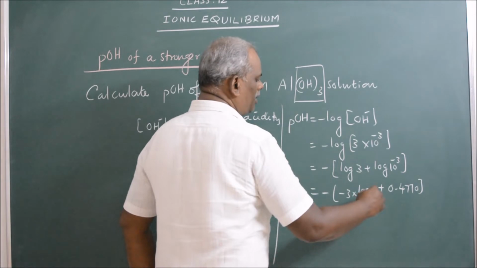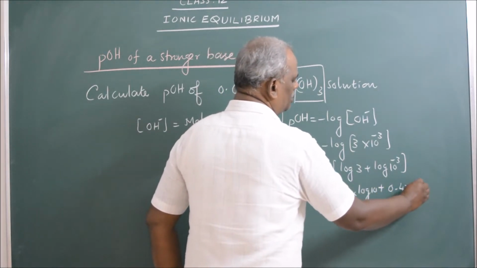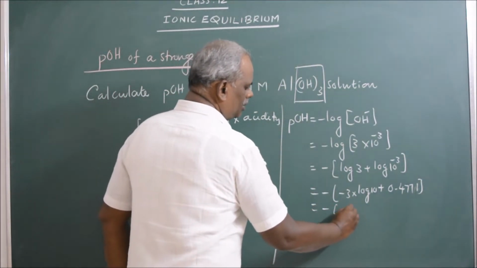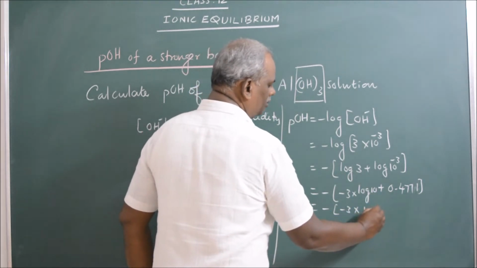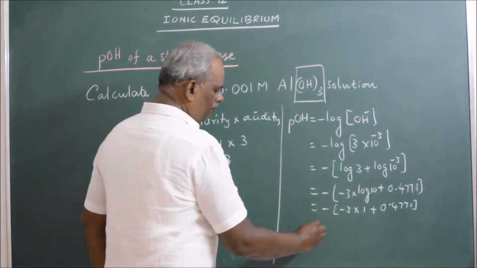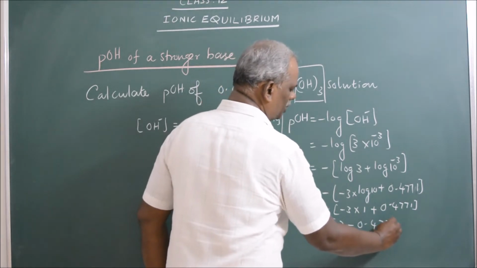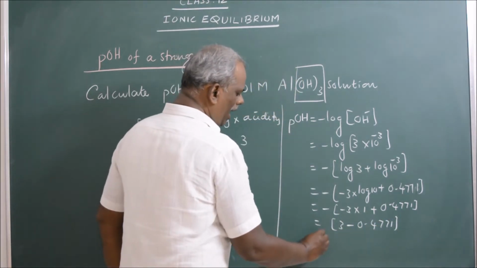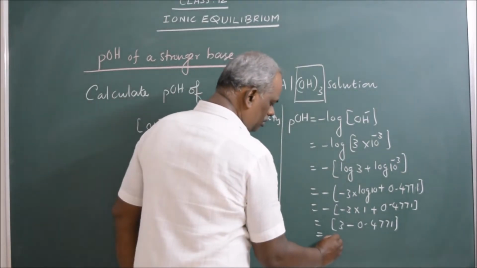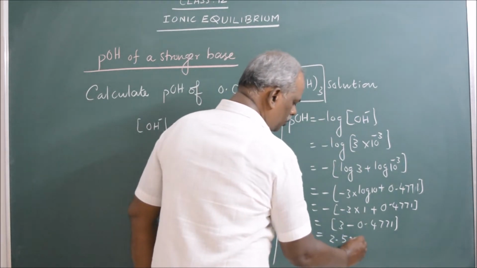Otherwise it is exactly 0.4771. So we can write minus, and log of 10 is 1, plus 0.4771. When the minus sign is taken into the bracket, 3 minus 0.4771, and the result is equal to 2.5229.